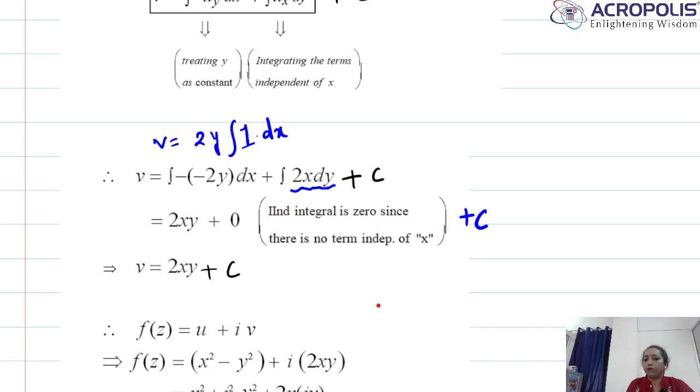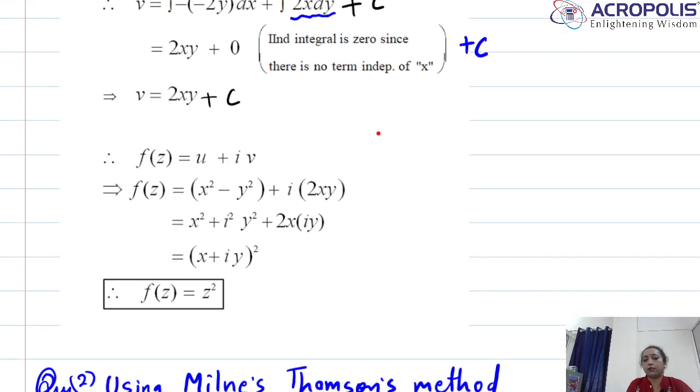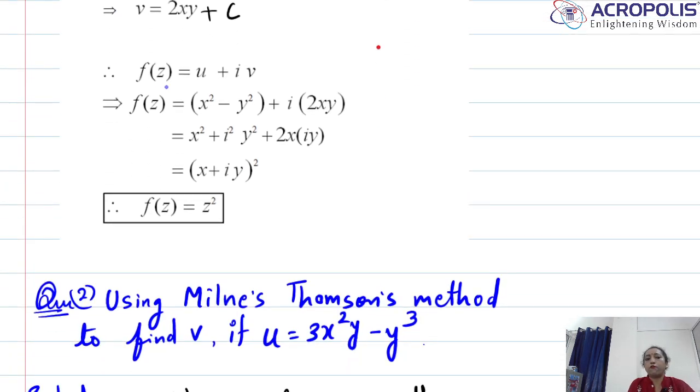Now further we have to determine the function in terms of z. So f of z equal to u plus iv, where u is already given as x square minus y square plus iv, v means 2xy. So here we have x square plus i square y square, because the value of i square is minus 1.